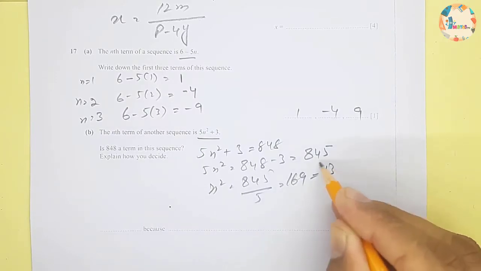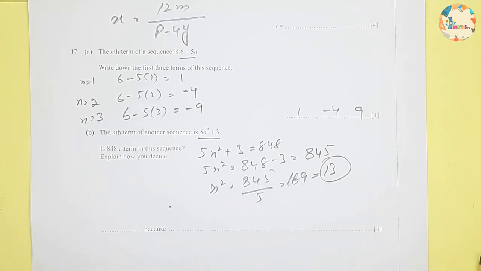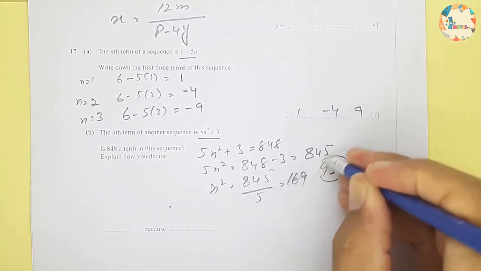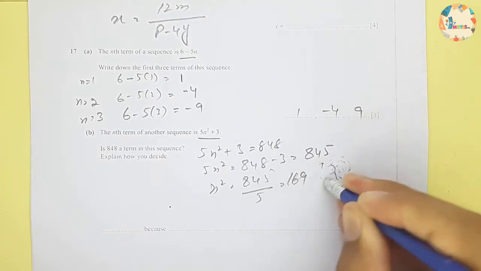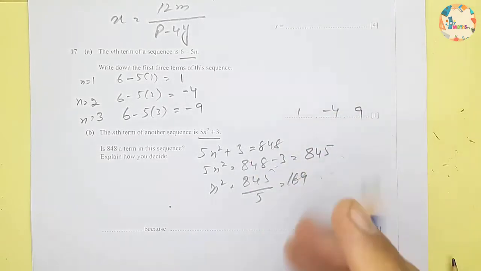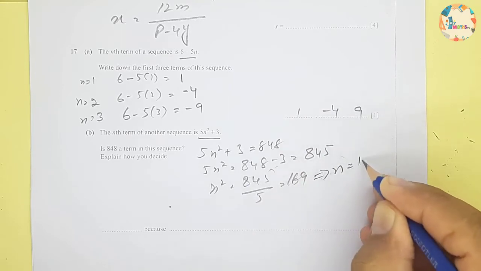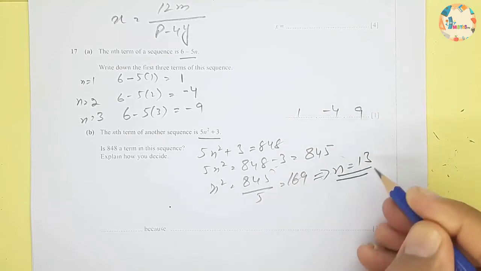So we are getting a whole number. Basically, I'll have to rewrite this one, not directly over here. So we cannot write 13 over here because this is the value of n, not n square. So this implies n is equal to 13. So this is a whole number.